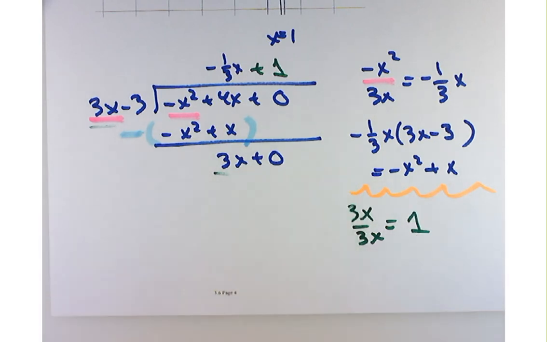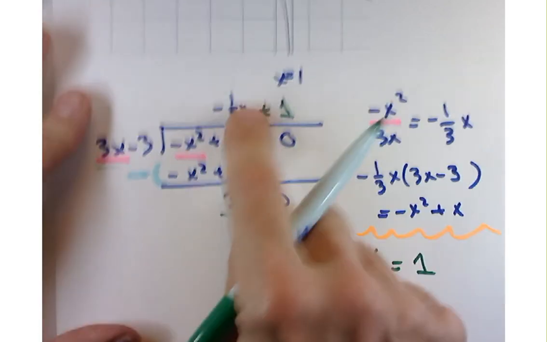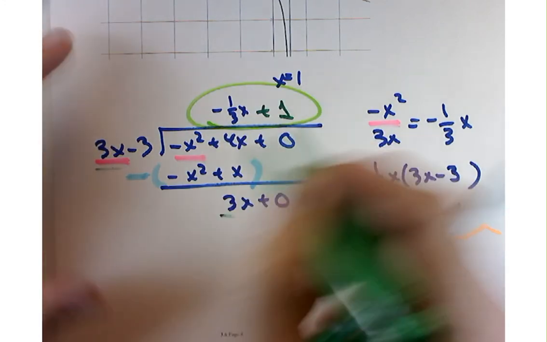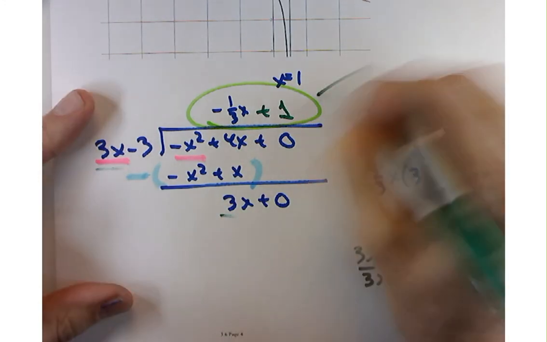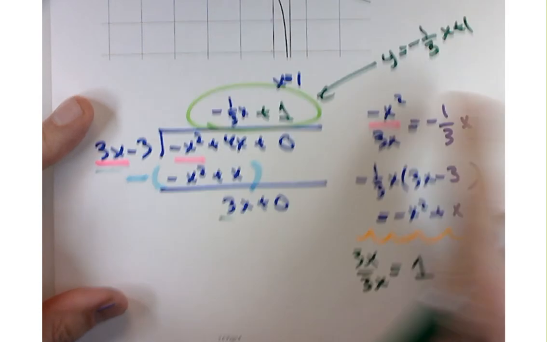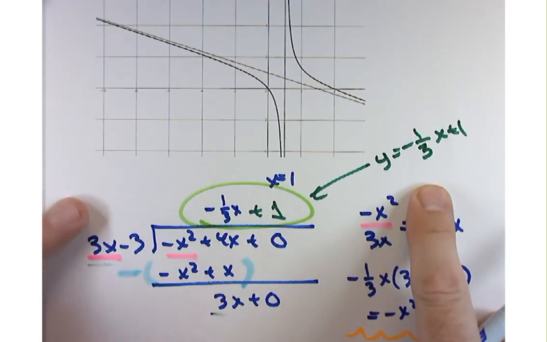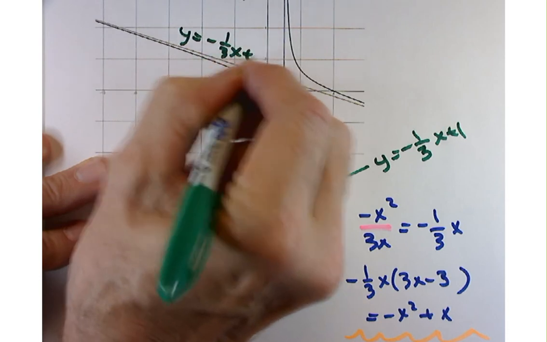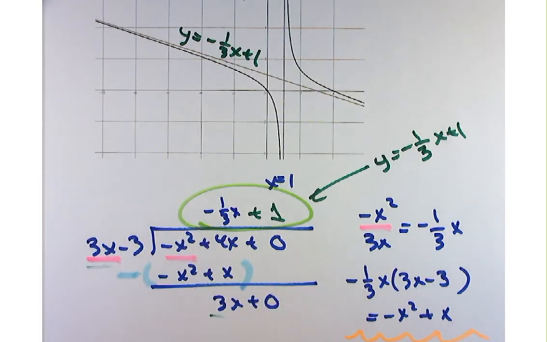So the good news is I can stop right here, and this much right up here at the top, y equals negative 1/3 x plus 1. That's your asymptote. Y equals negative 1/3 x plus 1. That's it.